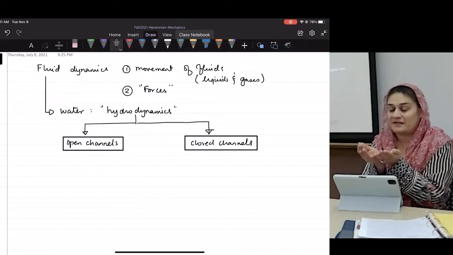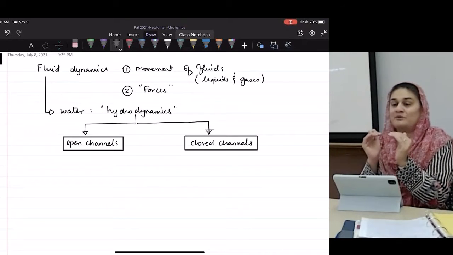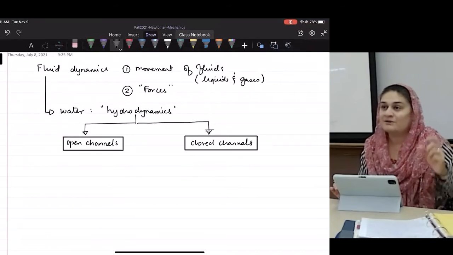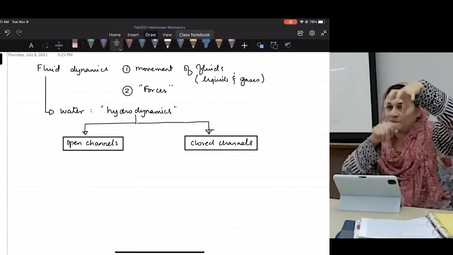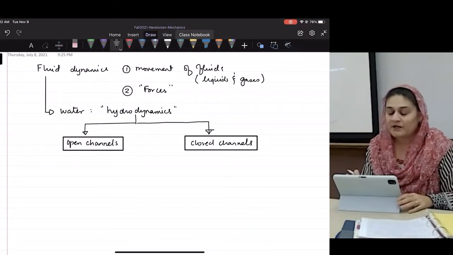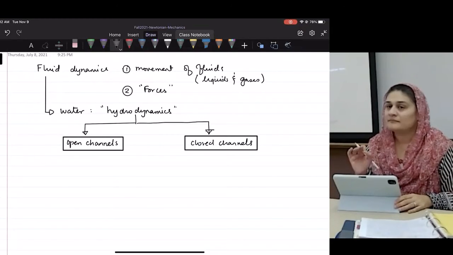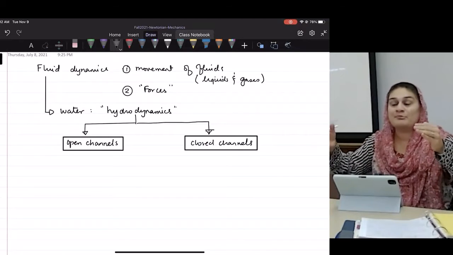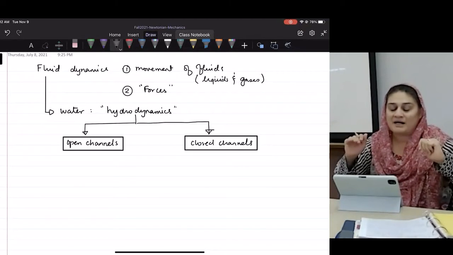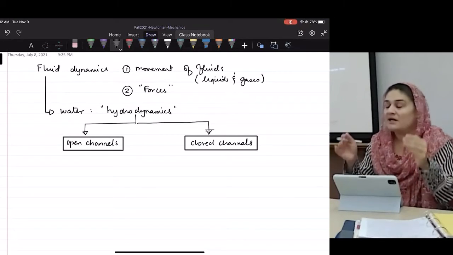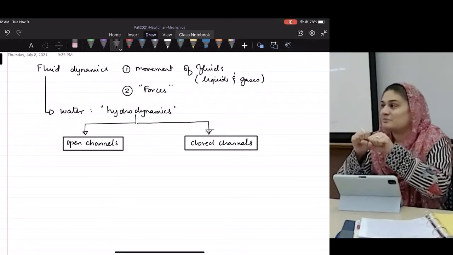We kind of think of it like, okay, how do I get water from the river to my third floor? How do I construct a water tower where water flows in a certain direction? So fundamentally, open channels are rivers, streams, lakes, where there is not a particular boundary. But a closed channel is where the boundary is rigid and doesn't move, which doesn't mean it has to be hard.